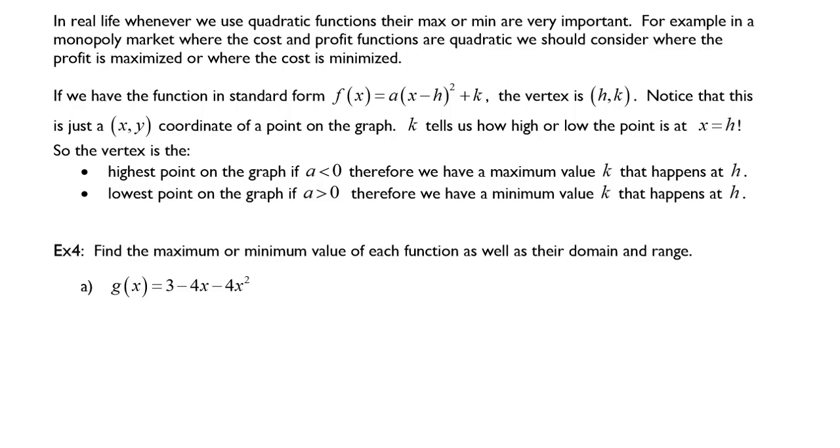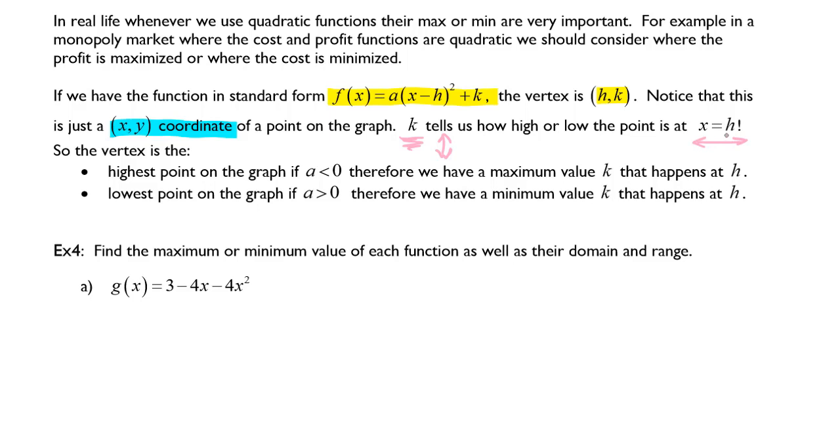If we have the function in standard form, f of x equals a times the quantity x minus h squared plus k, the vertex is (h, k). Notice that this is just an xy coordinate of a point on the graph, where k tells us how high or low to go to the point, and x equals h, so that's how far left or right we need to go from the origin.